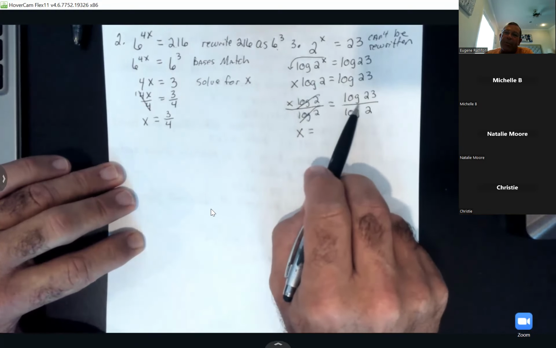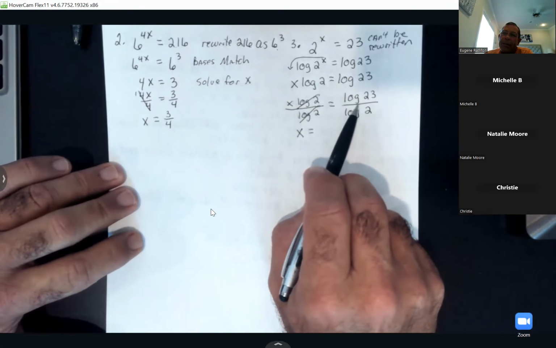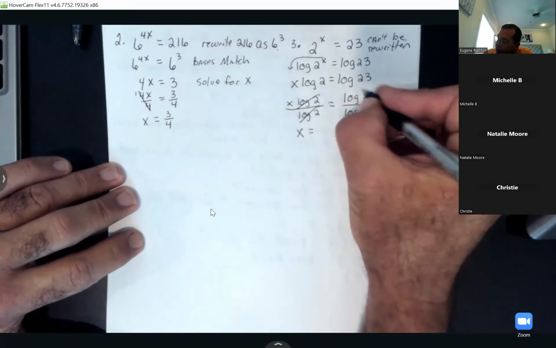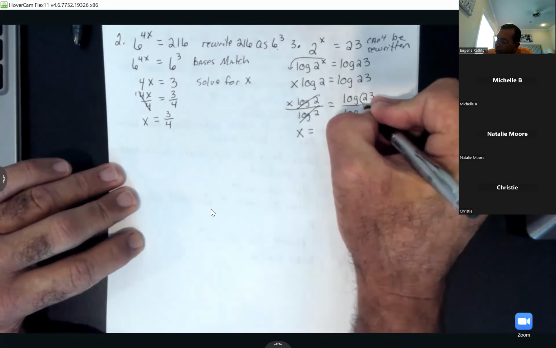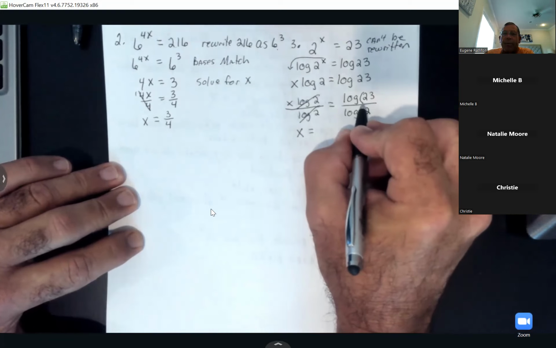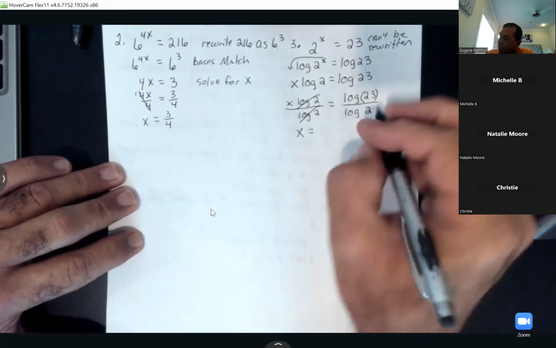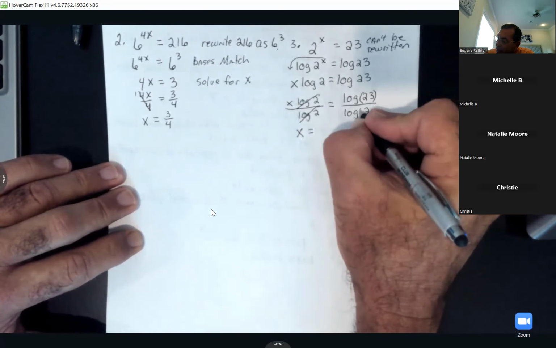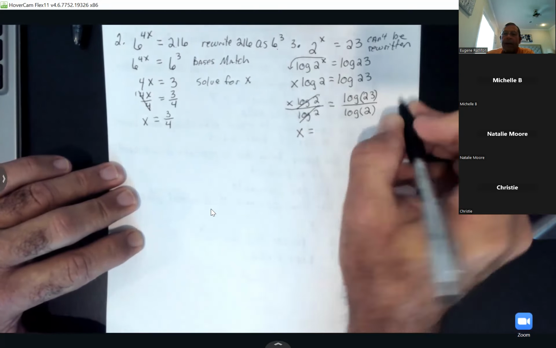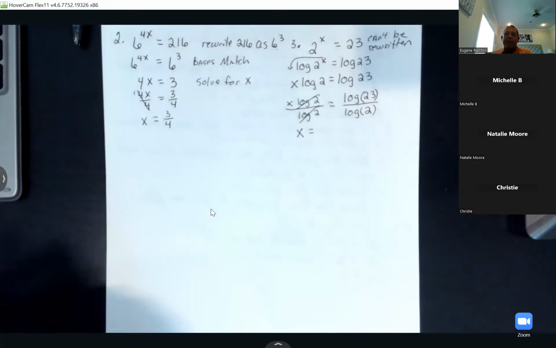Now, we have no choice but to use a calculator on this. But y'all, here's the thing. When you punch log, it'll give us a parentheses. We got to close each parenthesis before we go to the divide. And then down here, I need to put my 2 in parentheses.